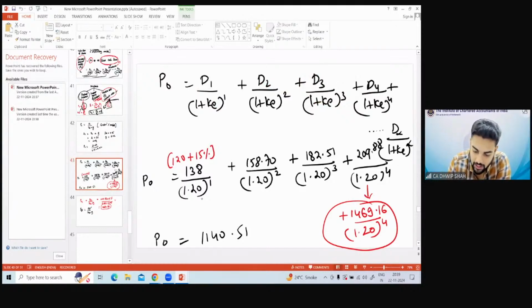You take 138 on calci, divide by 1.2, press equal to 1 time. You take 158.7, divide by 1.2, press equal to 2 times. You take 182.51, divide by 1.2, press equal to 3 times. You take 209.88, divide by 1.2, press equal to 4 times. You take 1469.16, divide by 1.2, press equal to 4 times. This is how you calculate.